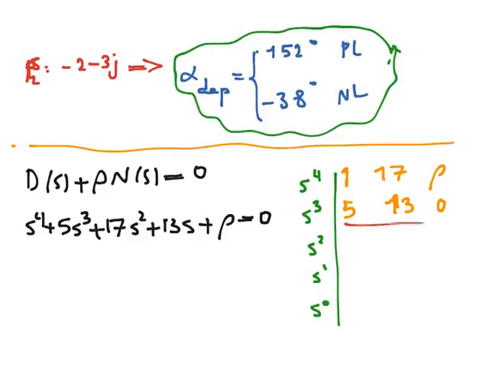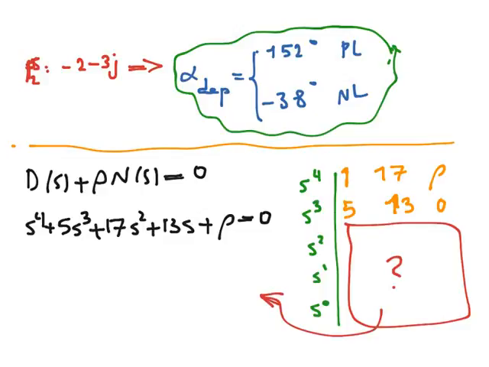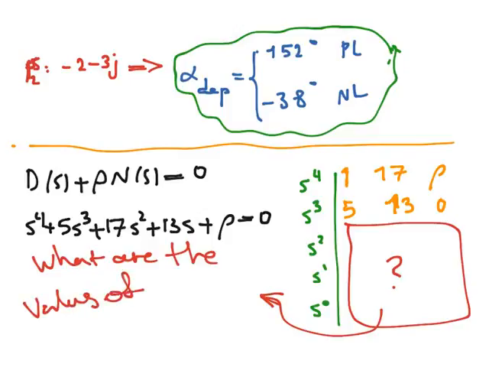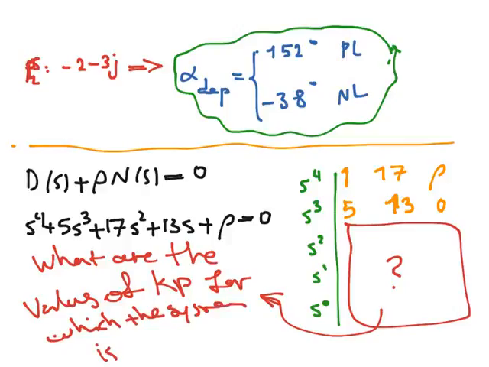So fill this part of the Routh table and then tell me what are the values of Kp for which the closed loop system is stable. Okay, so I'm waiting for your answers for this part of the question.